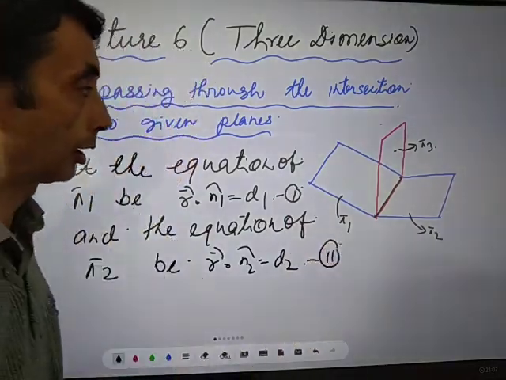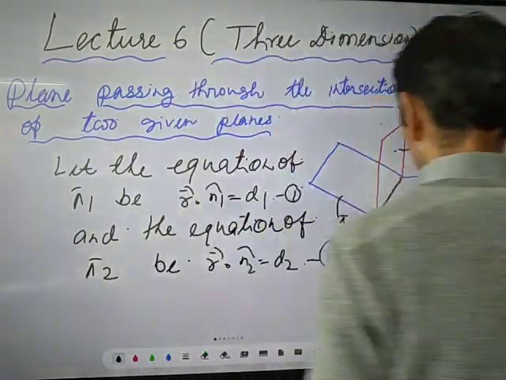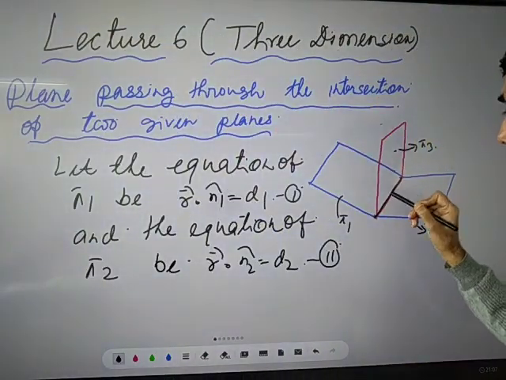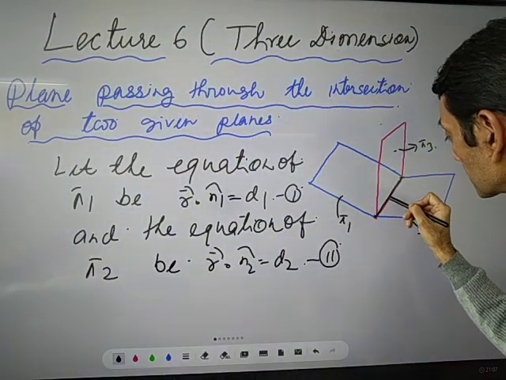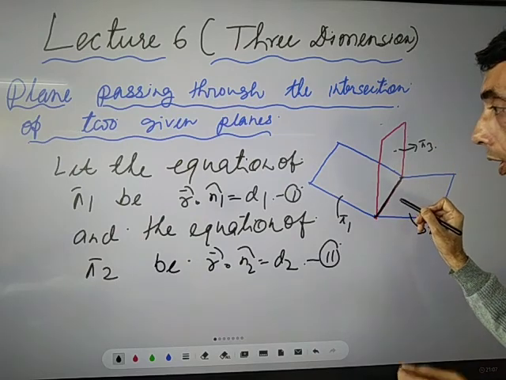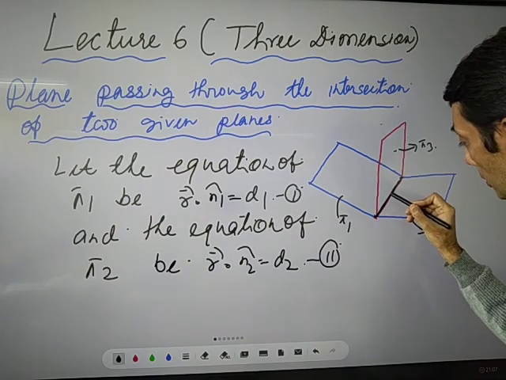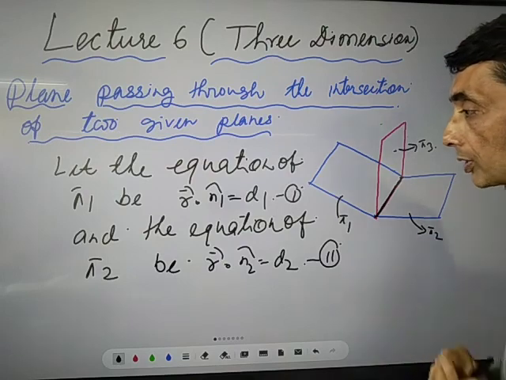Now we'll take a point on the line of intersection of these two planes. So this is the line of intersection. We'll take any point on this particular line, and we'll take the position vector of that point.